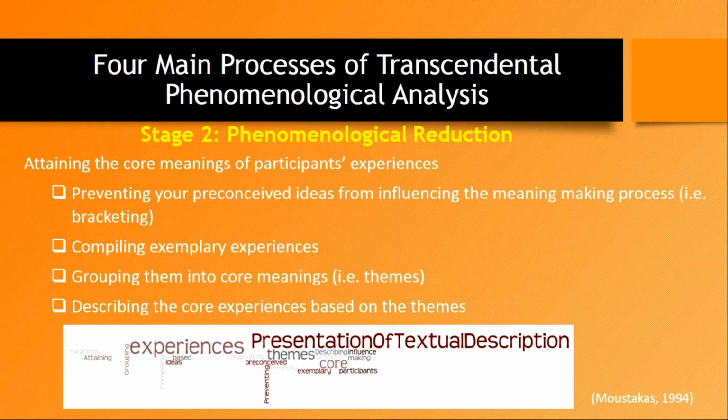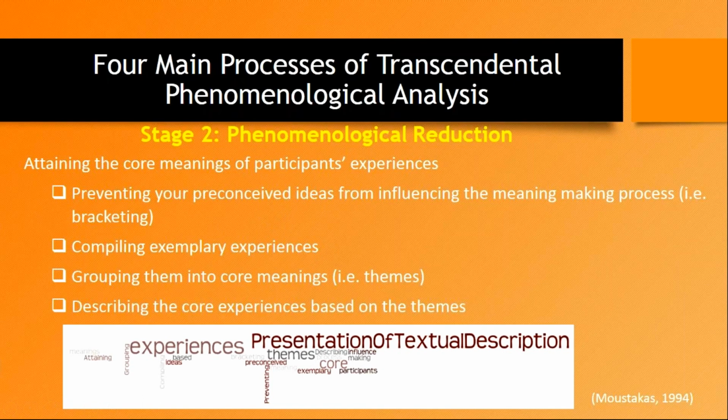So how do we do that? As I said, you have to bracket your belief system, beliefs, and other things that might adversely affect the analysis. The second stage is to go through the transcript, right?